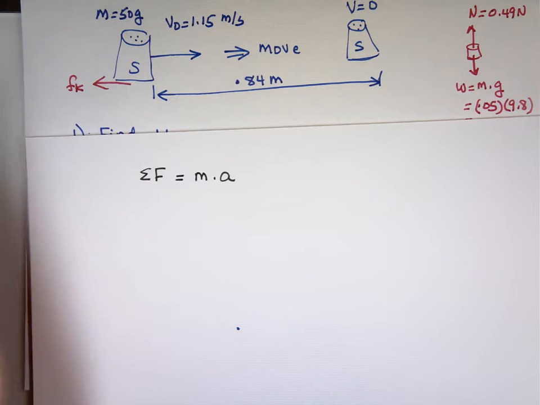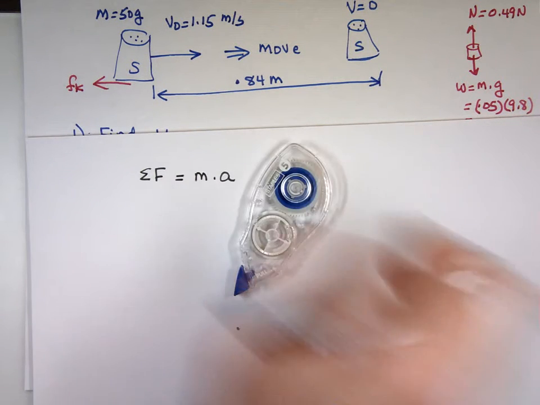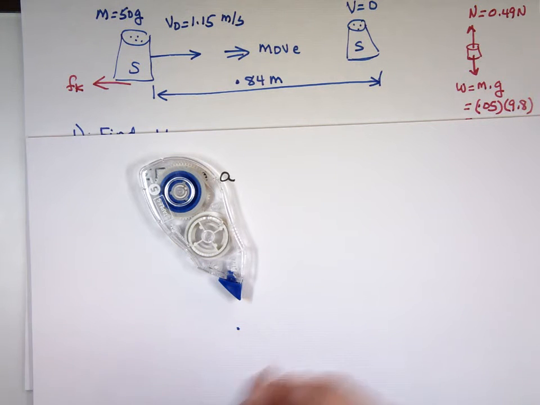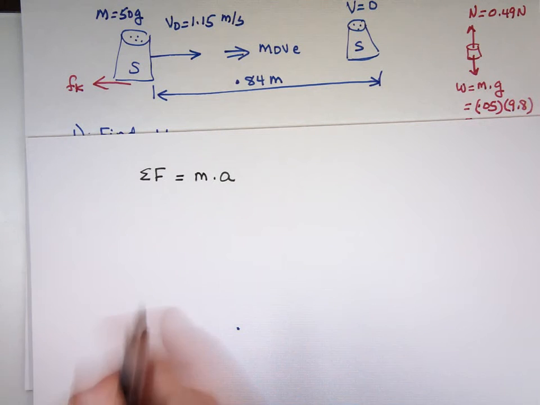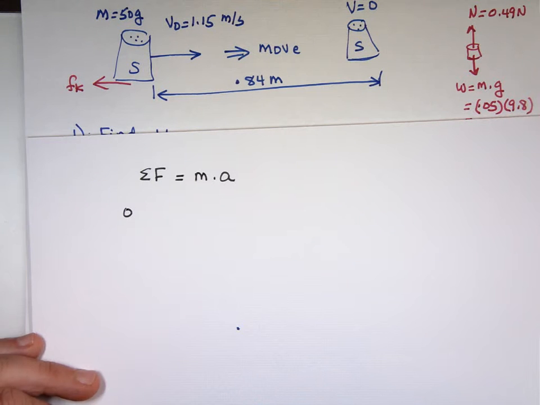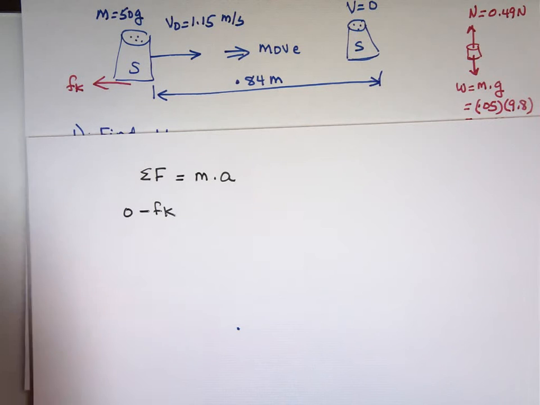Once the shaker leaves your hand, again, here's my shaker, push it. Once I finish pushing, nothing is touching it. The only thing that was affecting it is the friction. So it's 0 forward. There's no force pushing forward. That's the net force, nothing, minus the friction force. The friction force was backward, it's negative.